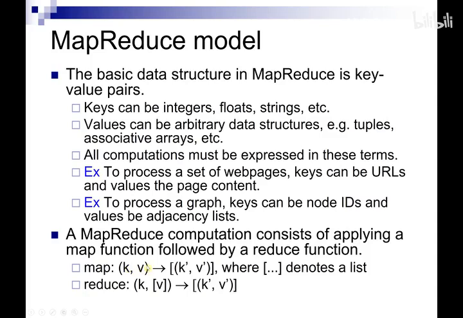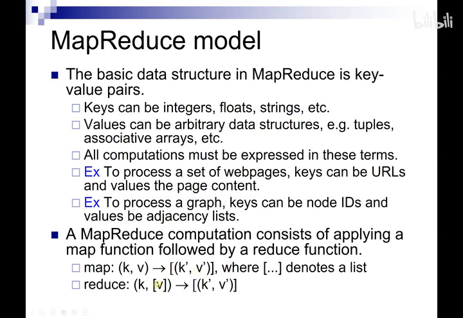From that key-value pair, it's going to produce a list of key-value pairs. So it starts with one key-value pair and then produces possibly a big list of key-value pairs. It could also sometimes produce just a single other key-value pair, but it could also produce multiple key-value pairs.